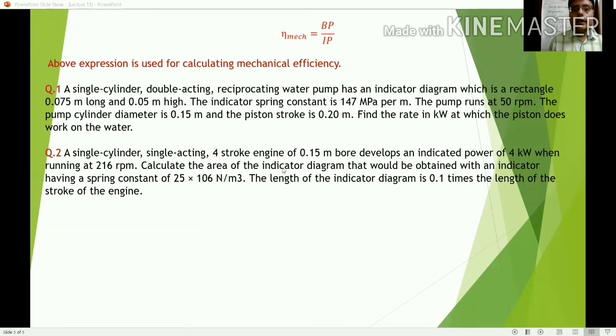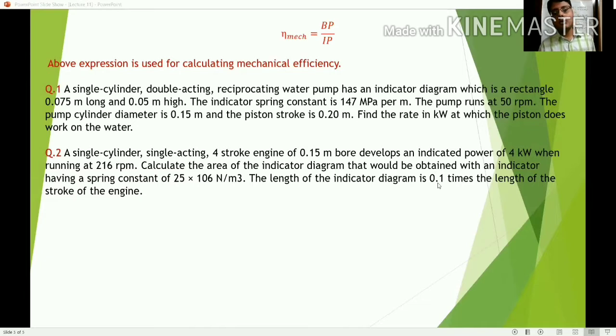Calculate the area of the indicating diagram, that means we have to calculate the AD value, that would be obtained with an indicator having a spring constant 25 into 10 to the power 6 Newton per meter cube. The length of the indicating diagram is 0.1 times the length of the stroke of the engine.